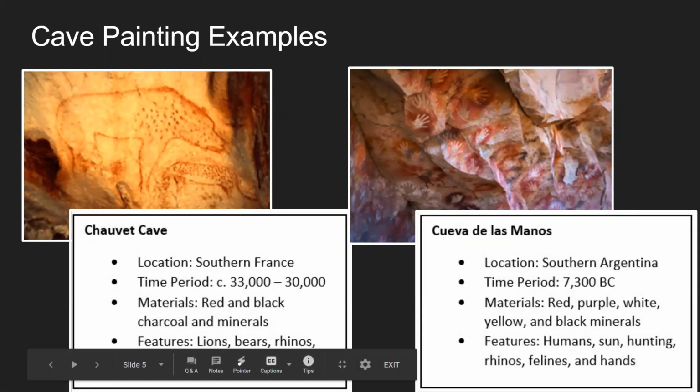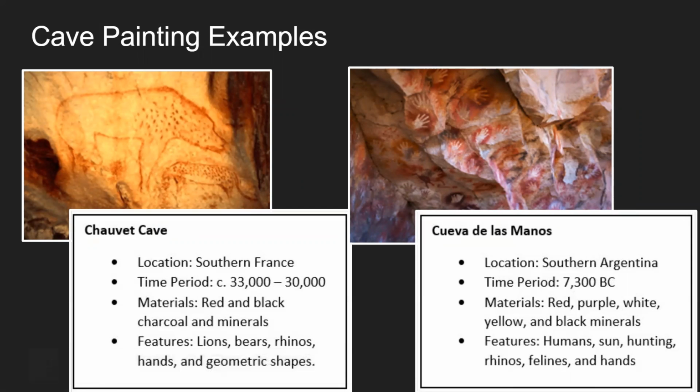Another well-known one is the Chauvet cave. Location is in southern France. And the period is circa 33,000 to 30,000 years old. And materials are just simply red and black charcoal and minerals.